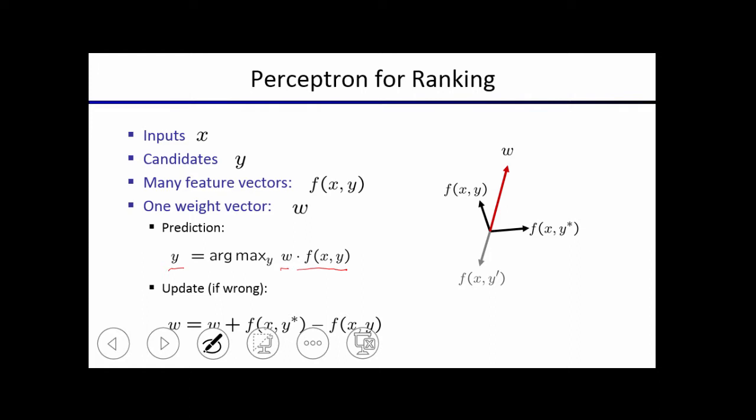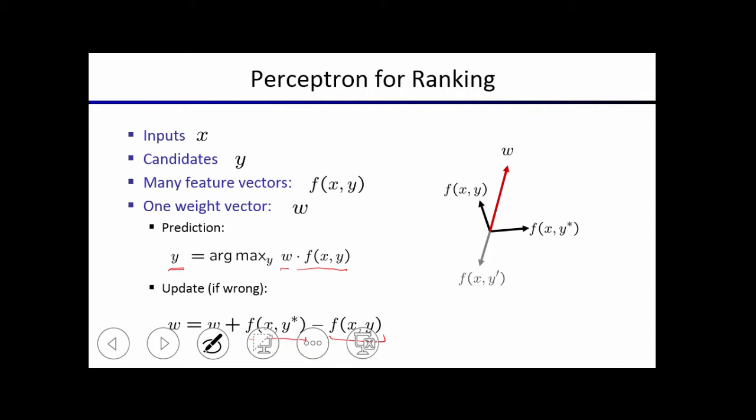And if this produces a prediction that is incorrect, then you update your weight vector by taking the correct web page and the correct features of that web page, and you only have a single weight vector, so you are taking the correct web page and subtracting the incorrect web page. So you're making it the correct pair of query and web page and subtracting the incorrect pair.